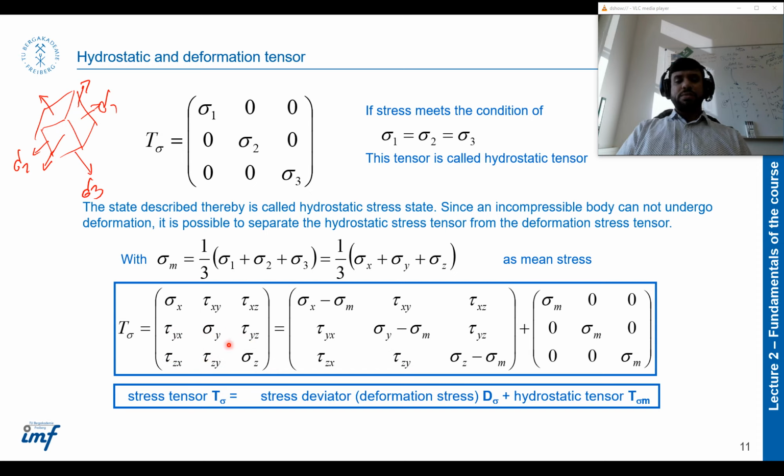We can subtract this mean from all these principal stresses, and the remainder will be the deviatoric stress, the kind of stress which is responsible for material deformation. And this component here will be the hydrostatic stress tensor, which is the applied load which does not contribute towards material deformation.